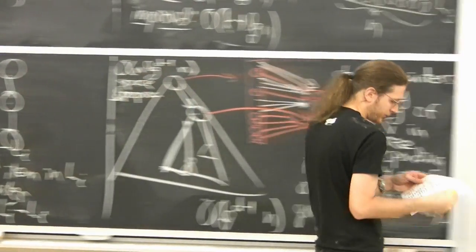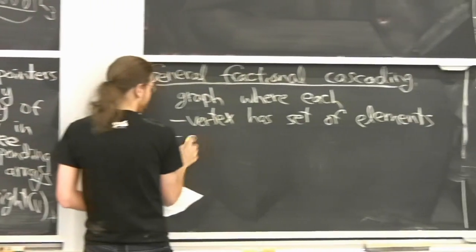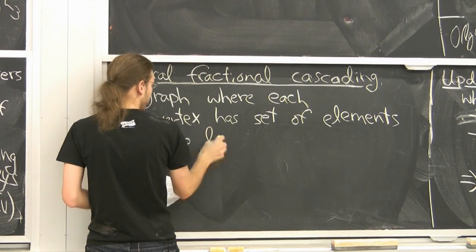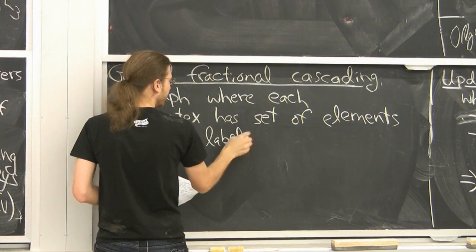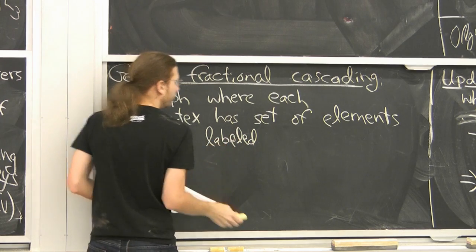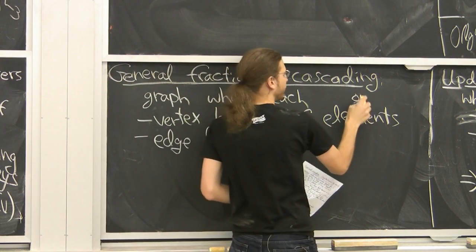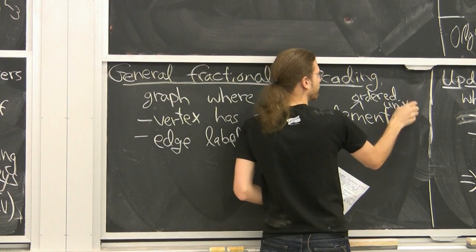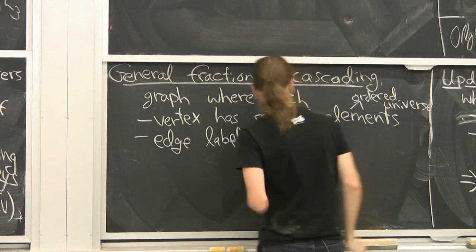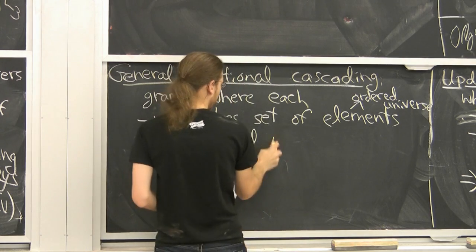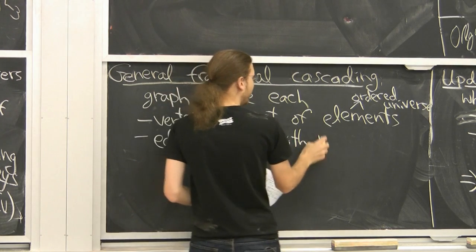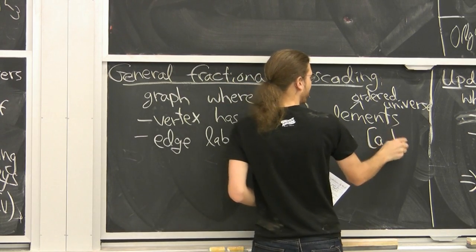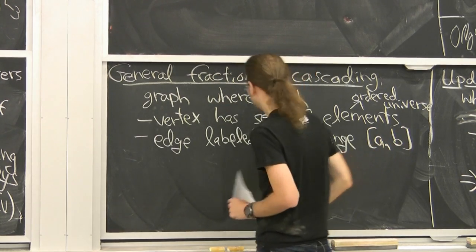Before I tell you exactly what search is, let me tell you about the rest of the graph. Every edge of this graph, and this is in an ordered universe, so it's one-dimensional. Edge is labeled with a range from that ordered universe, A, B. Every edge has some range.